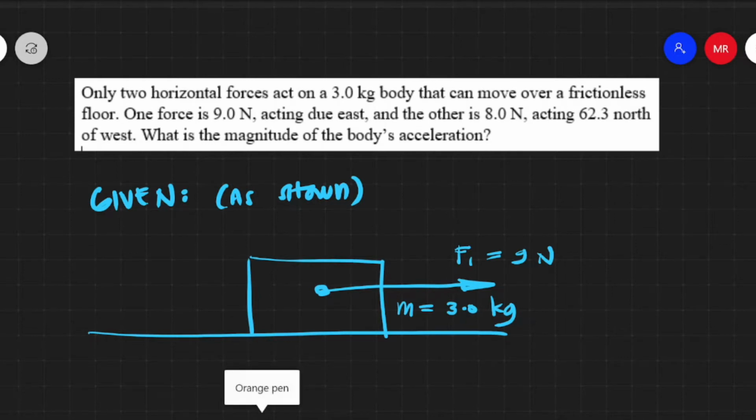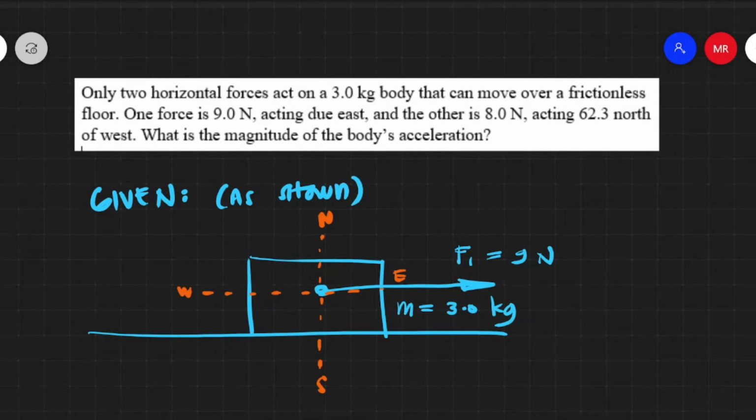Then we have the second force equal to 8 newtons at an angle of 62.3 north of west. Let us locate that force. So first one is just going east. So this is our north, this is the south, this is east, and this is your west direction. Now the second force is 8 newtons, 62.3 north of west.